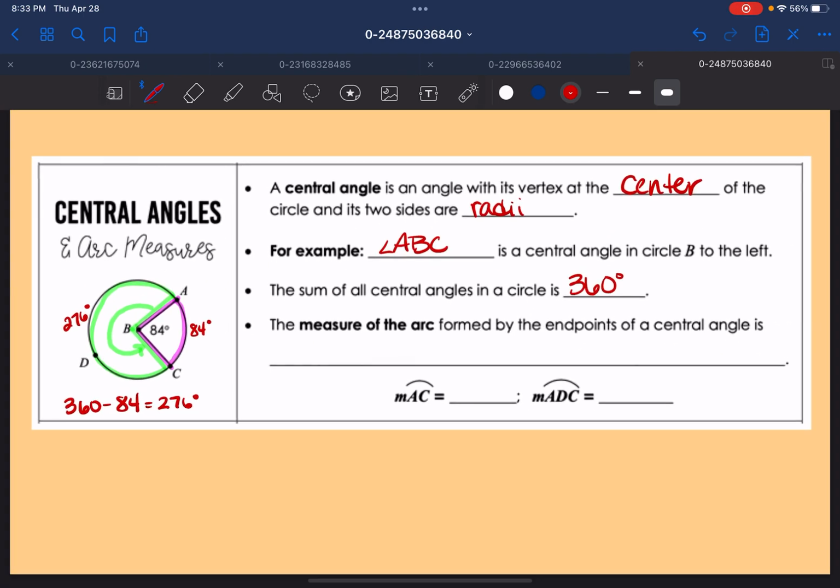So what you need to understand is that the measure of the arc formed by the endpoints of a central angle is always equal to the degree of the central angle. They'll always match up. If you know the angle, you know the arc. If you know the arc, you know the angle. So we just found minor arc AC to be 84 degrees, and we found major arc ADC to be 276, and we can check together they would add up to 360.